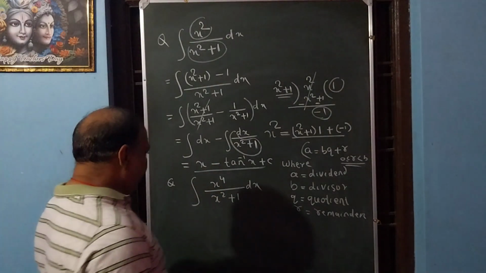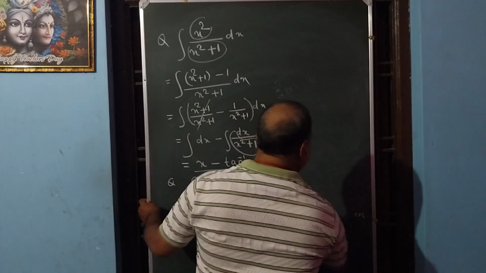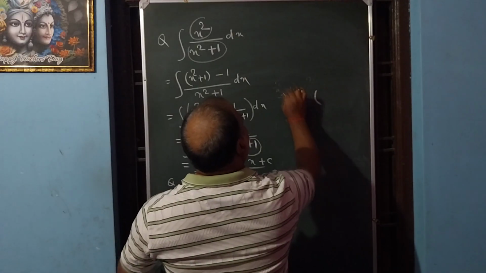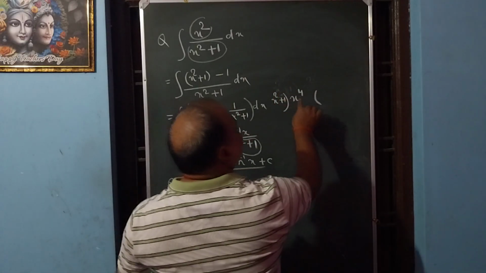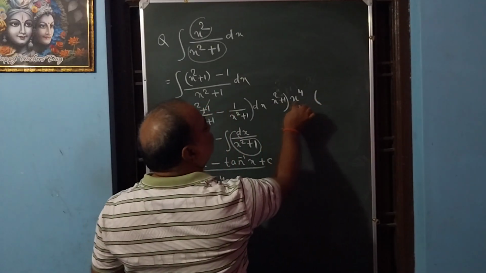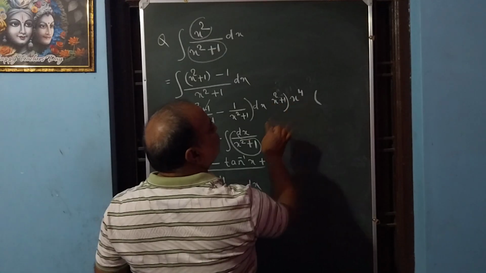So we get x to the power 4 divided by x square plus 1. Here it is x to the power 4, here it is x square. Our objective is, what quantity do we have to multiply with x square? So we get x to the power 4.